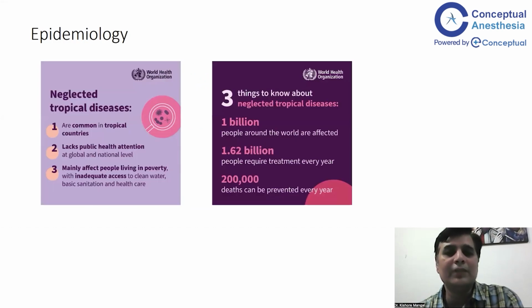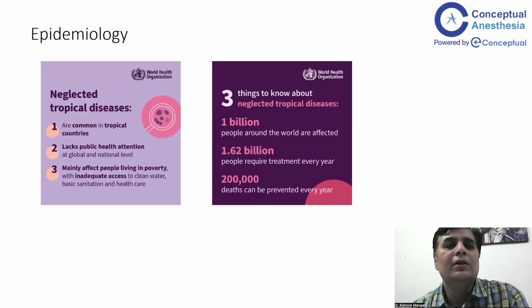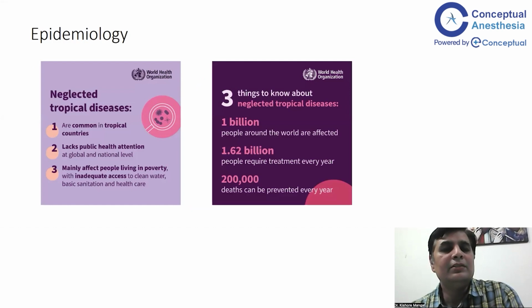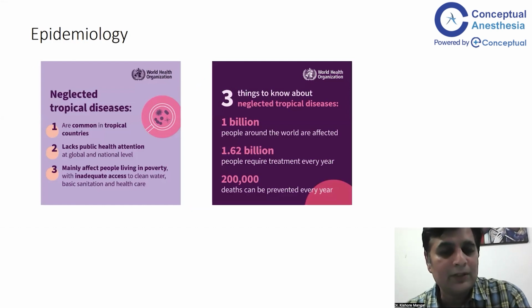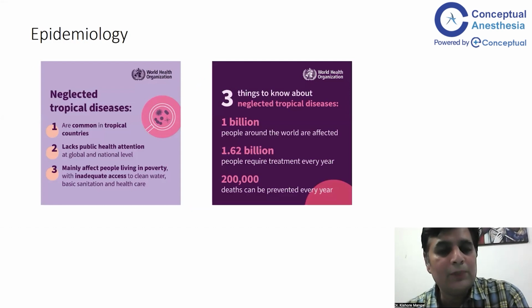WHO also recognized this as a very important part of their program, and they say that it is partly a neglected topic because these infections are common in tropical countries, and that is why it lacks global and national public health attention.